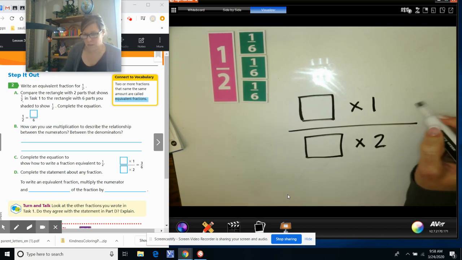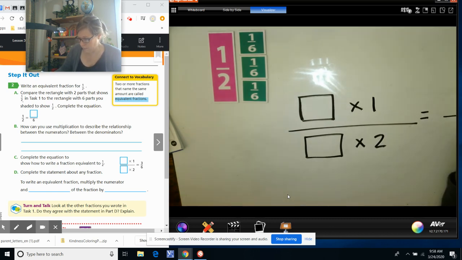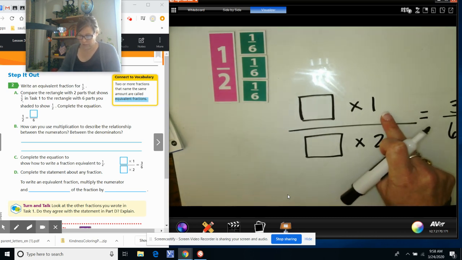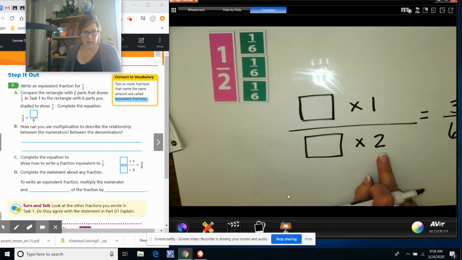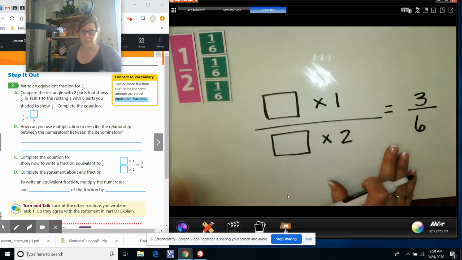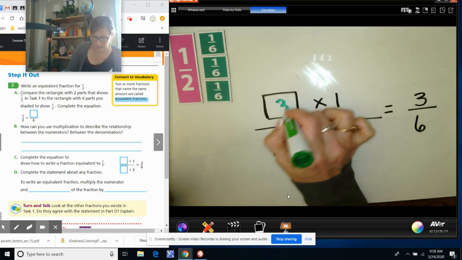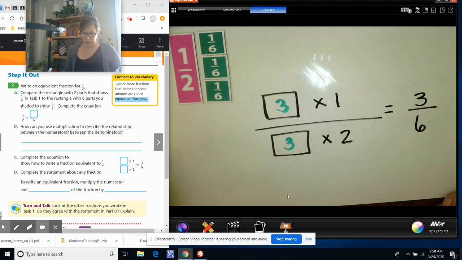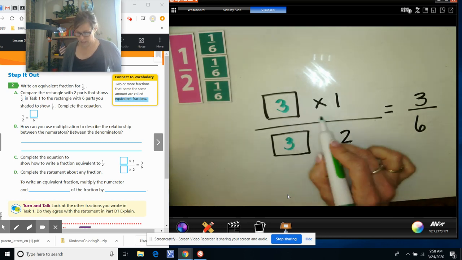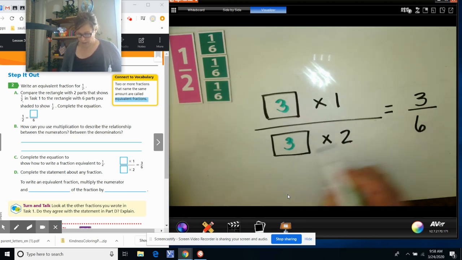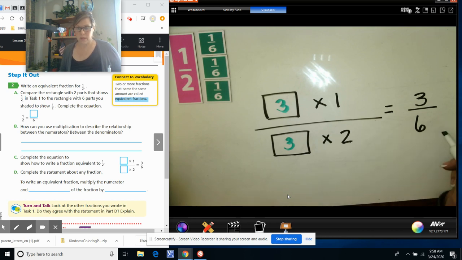Well, we talked about that number being 3 times as large as the 1 and 3 times as many as the 2. So we're going to place in our box the number 3. So let's look at this. 3 times 1 equals 3, and 3 times 2 equals 6.